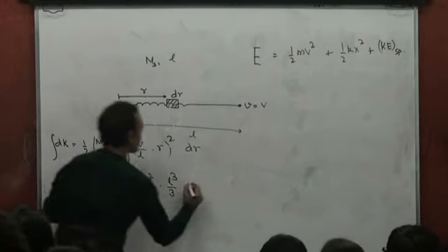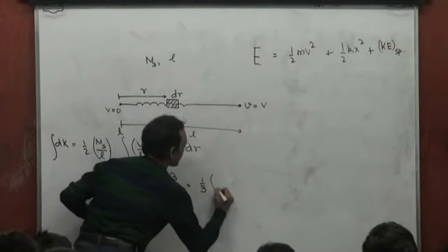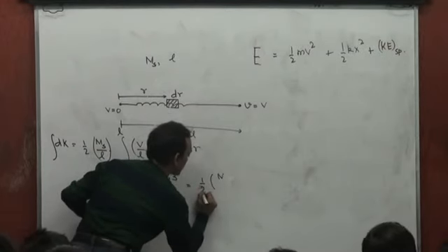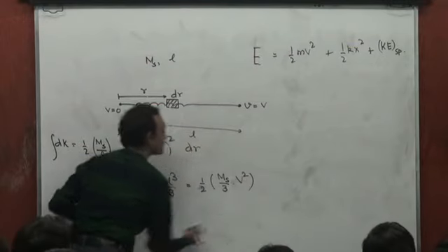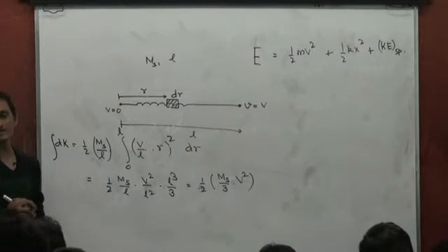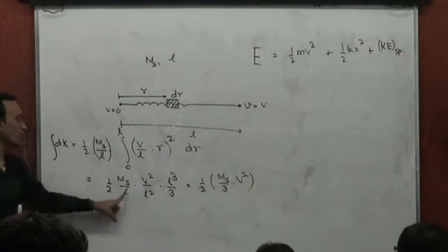Which is half of ms by 3 into v squared. Half of ms by 3 into v squared, yes or no?